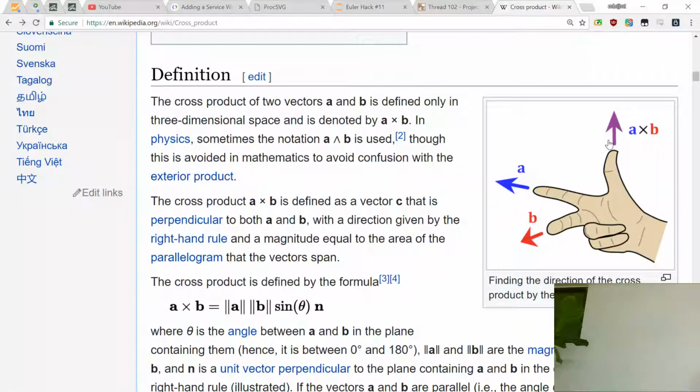So the red is the first one, the green is to the origin, and now we're pointing outward. Okay, so the red is the first one, the green is to the origin, and we also are pointing out. So till now it's okay.